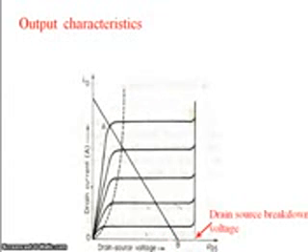Now in the ohmic region, the MOSFET acts like a closed switch, and in the active region, the MOSFET acts as an amplifier, and in the cutoff region, the MOSFET acts like an open switch, just like in a BJT. Now this point is the drain source breakdown voltage.